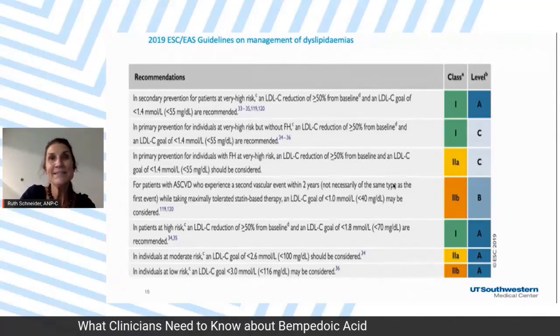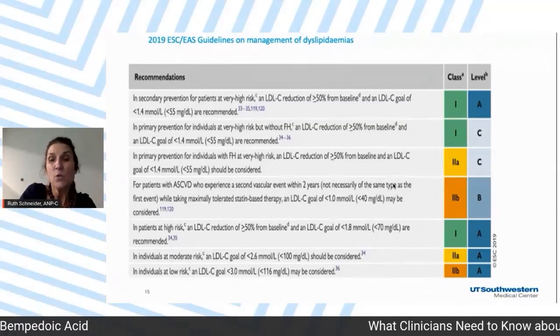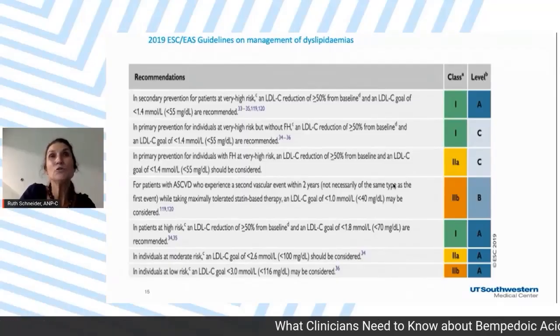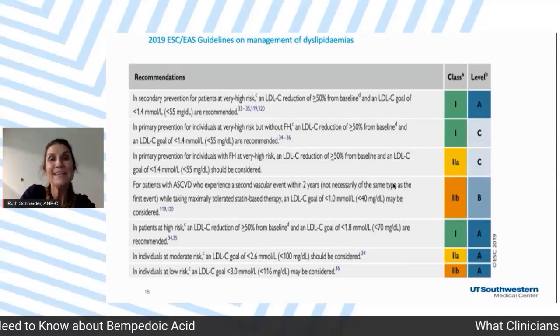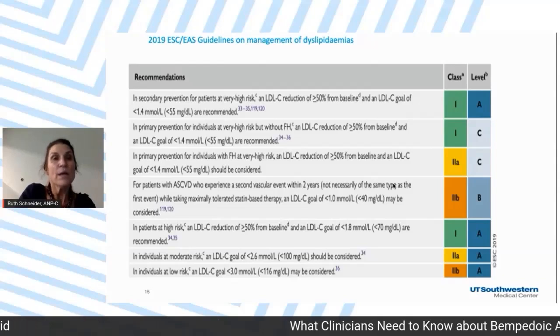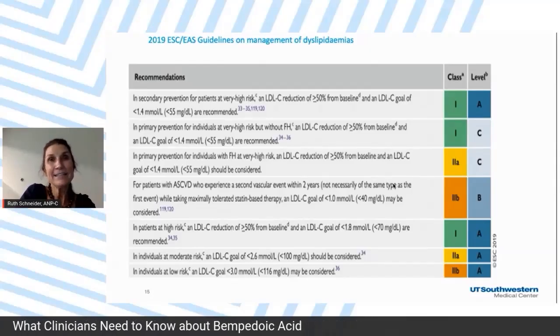Okay, so I threw in the 2019 European Society of Cardiology guidelines. One of the reasons I did that is in practice, in the AHA, ACC guidelines, we look at reducing LDL to less than 70. But in practice, for our very high risk patients, we many times try to reduce the LDL to at least less than 50. So why are the European guidelines and the AHA, ACC guidelines different?